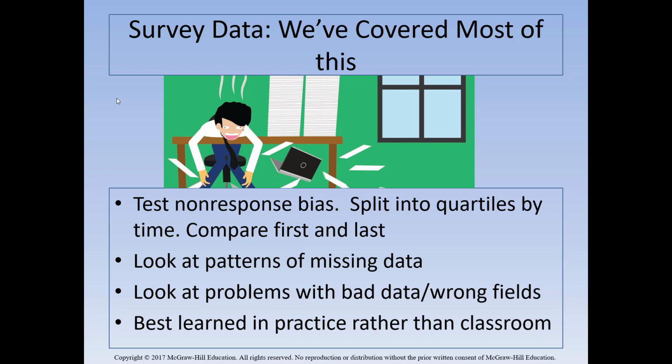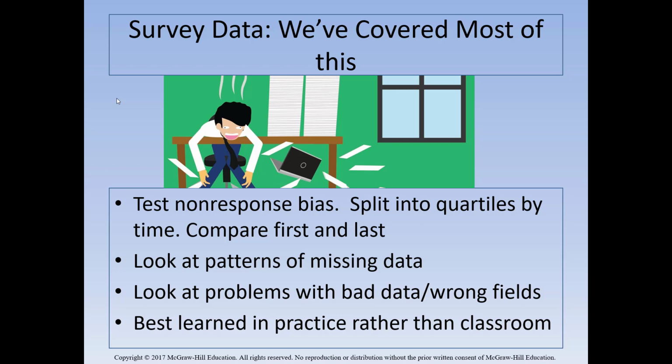So if we're doing something like a survey of social habits, we're going to get really, really biased results. And I talked to you about how we did this before. One standard way of checking non-response bias is we'll take the first 25% of respondents and the last 25%. We'll assume the last 25% are close to non-respondents, and then we compare the first and last 25%. And if there's a big difference, then we'll possibly have some non-response bias.